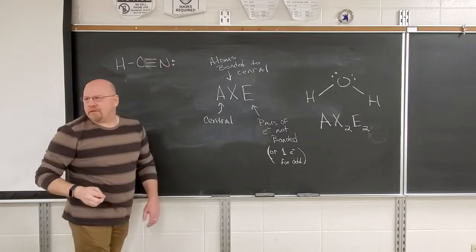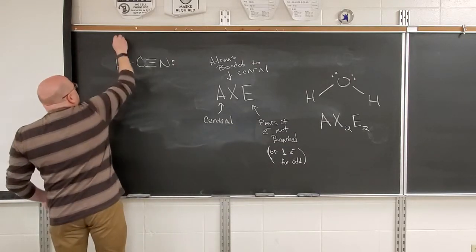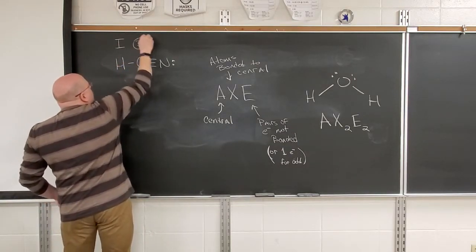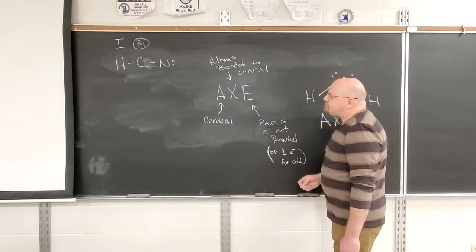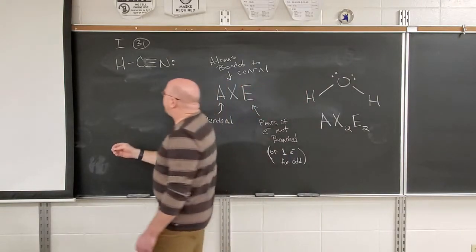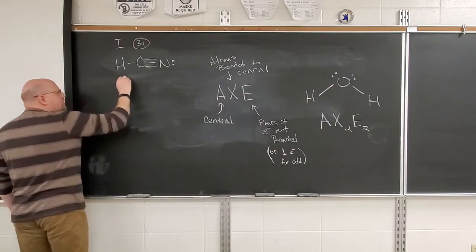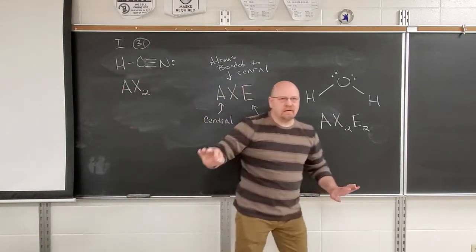Is that from the first one? Yeah. What number is it? 31. Okay, so if you want to go look at it. In this compound, our VSEPR notation would be this. And that's it.